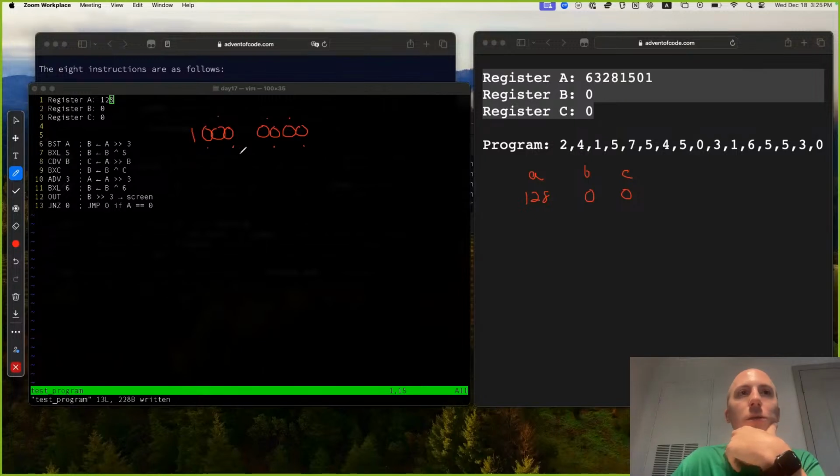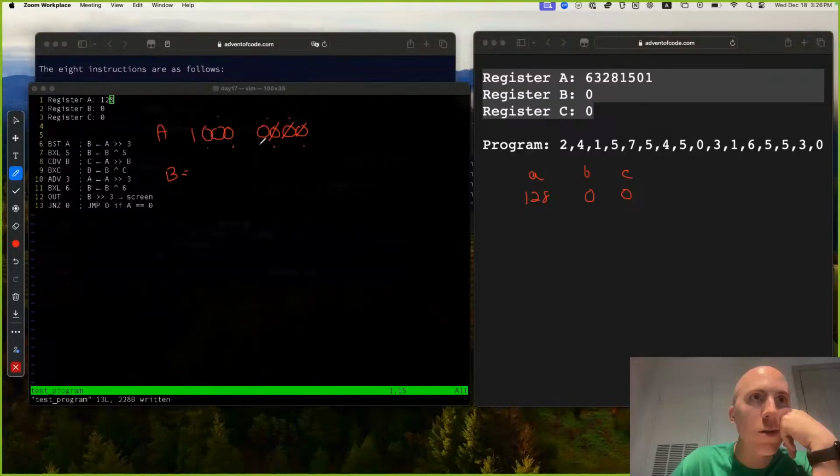So let's do the first thing. So A starts off as this. And so then we say that B is equal to this thing shifted over by 3. So B is equal to 7 minus 3 is 4. So this thing with 4 zeros. And then we'll XOR it with 5.